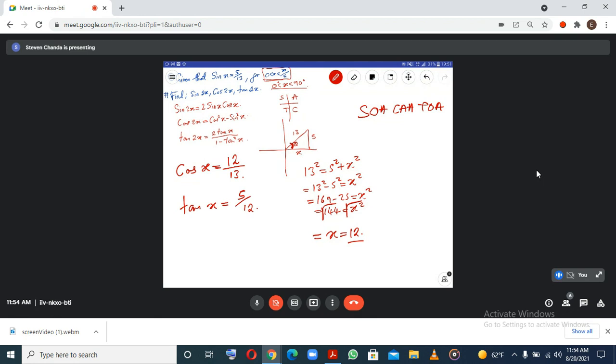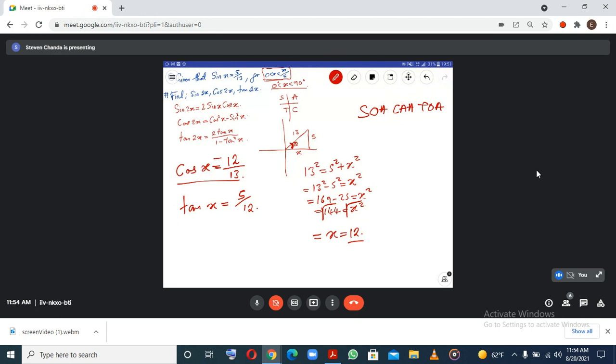Now, the other thing where many people make mistakes is the signs. So what quadrant is this? This is the first quadrant. Can someone tell me, is sine going to be positive? Is cos going to be positive in this quadrant? Yes, so it's positive, right? So we leave it positive.